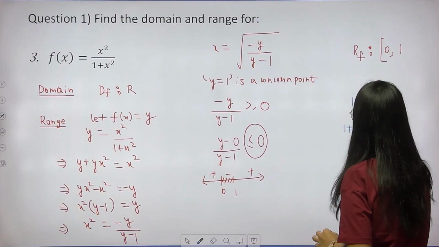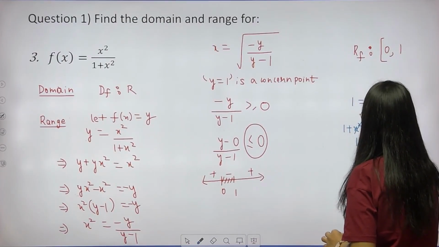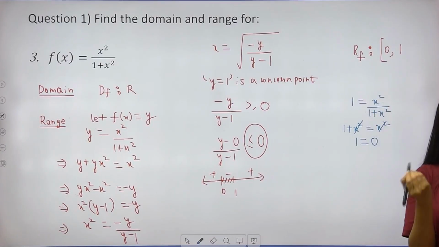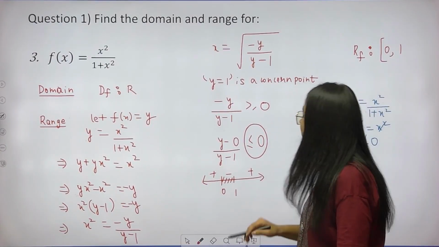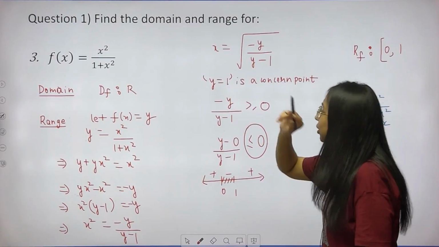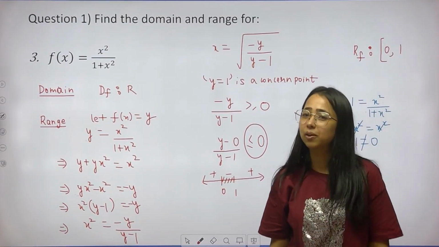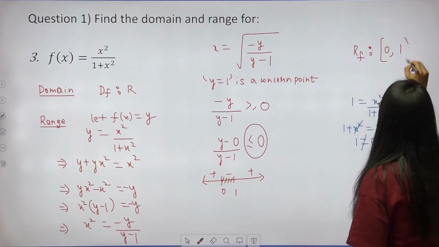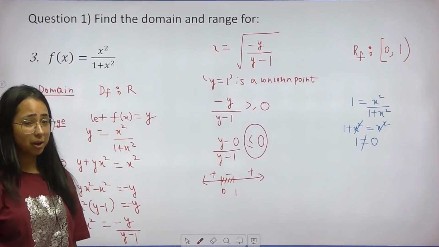Cross multiply, 1 plus x square is equal to x square. X square and x square cancel, we get that 1 is equal to 0. Is 1 equal to 0? No, 1 is not equal to 0. So which means that y equal to 1 is definitely a concern point. So we cannot take y as 1, so we will not include 1. I hope this is clear to everybody.